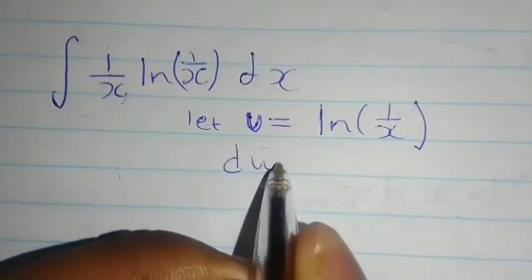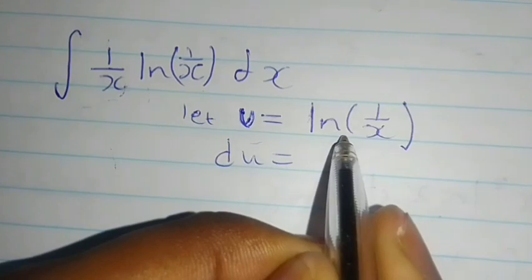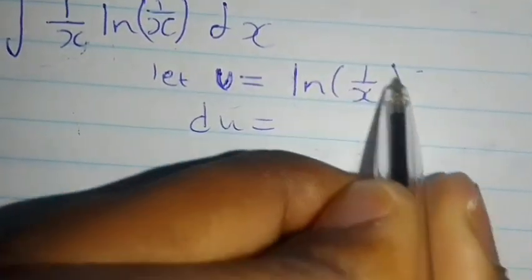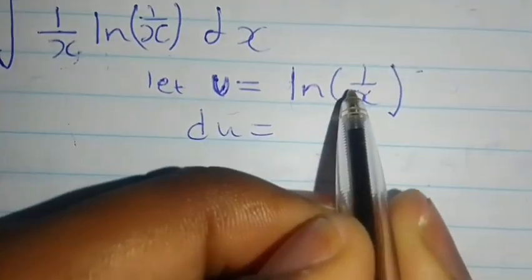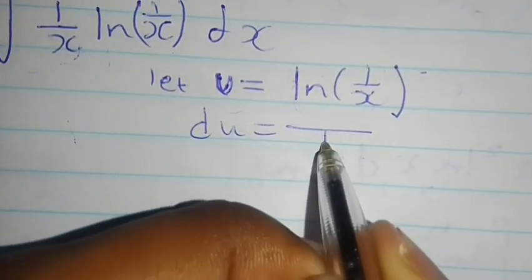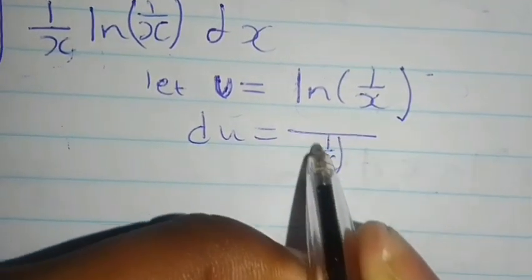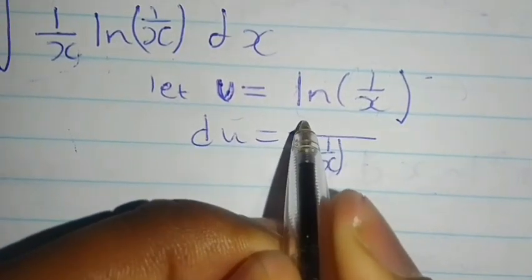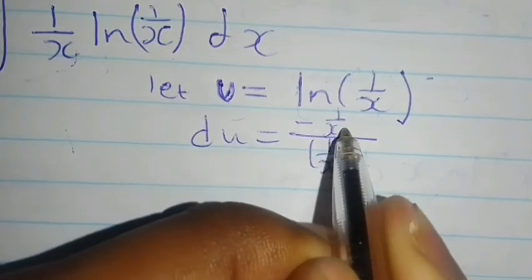Then du in this case is going to be what? The derivative of this. This is interesting. The derivative of the natural log of 1 over x is going to be what? Basically, you divide by the inside and then you differentiate the inside. The derivative of 1 over x is minus 1 over x squared.